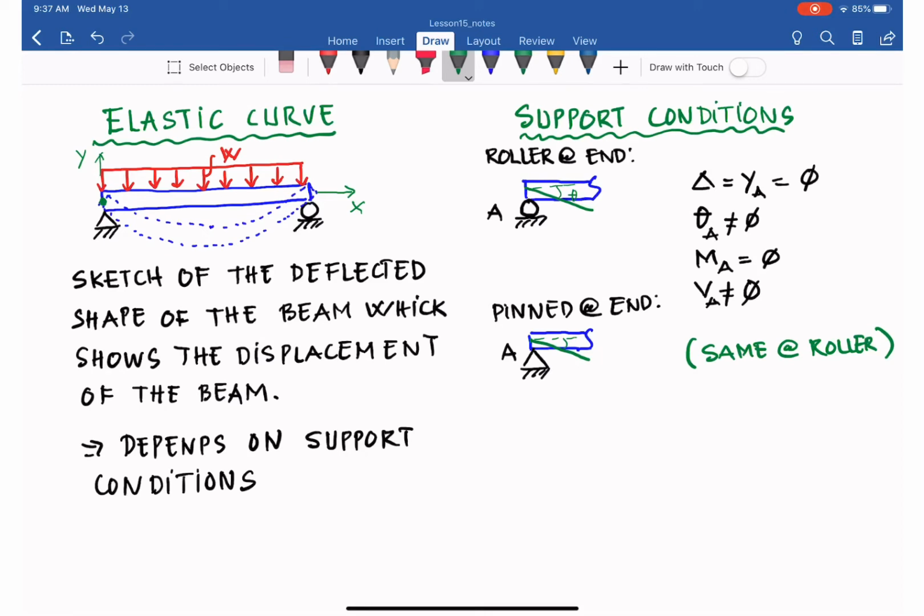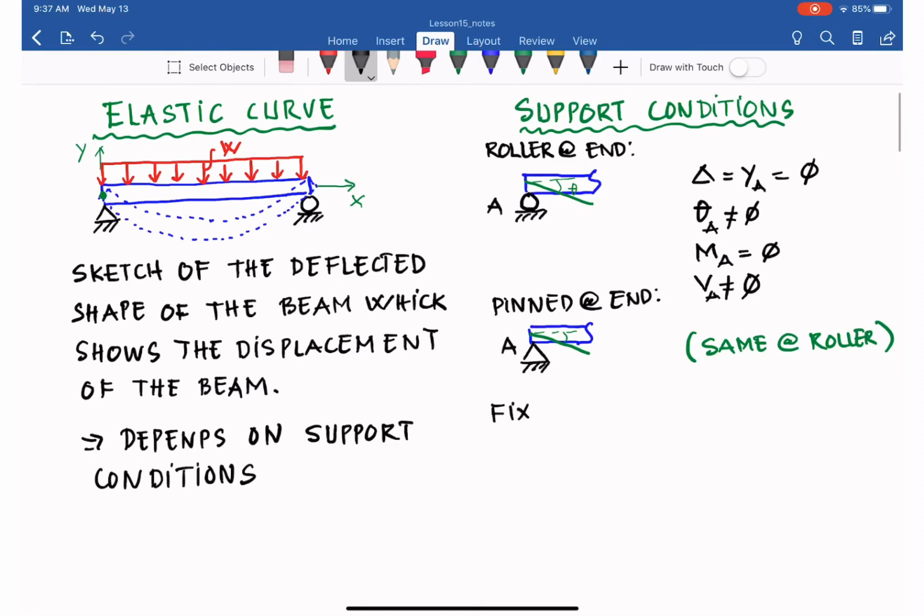The other support condition that you see a lot is the fixed end. So if we have a beam, part of the beam, and then at A we have a fixed support at A. So what do we have in this case?